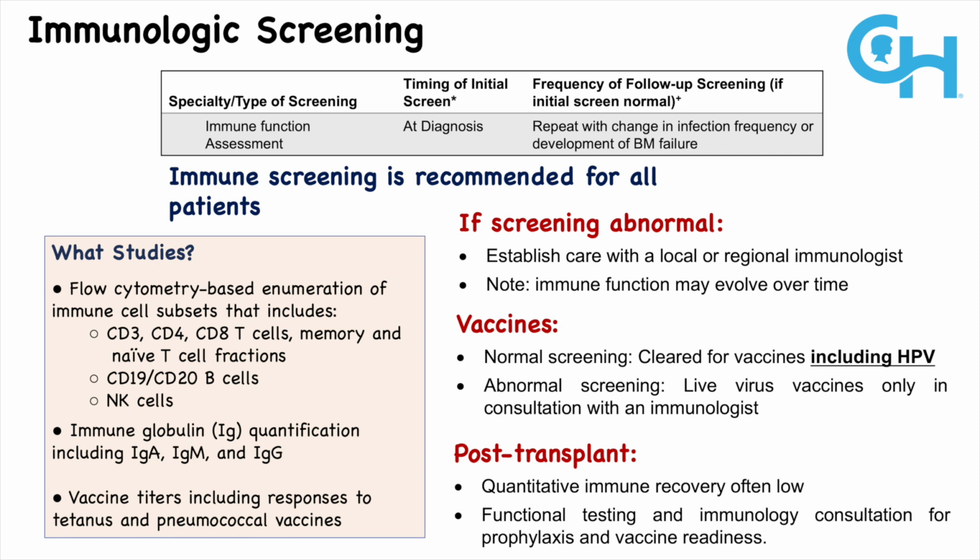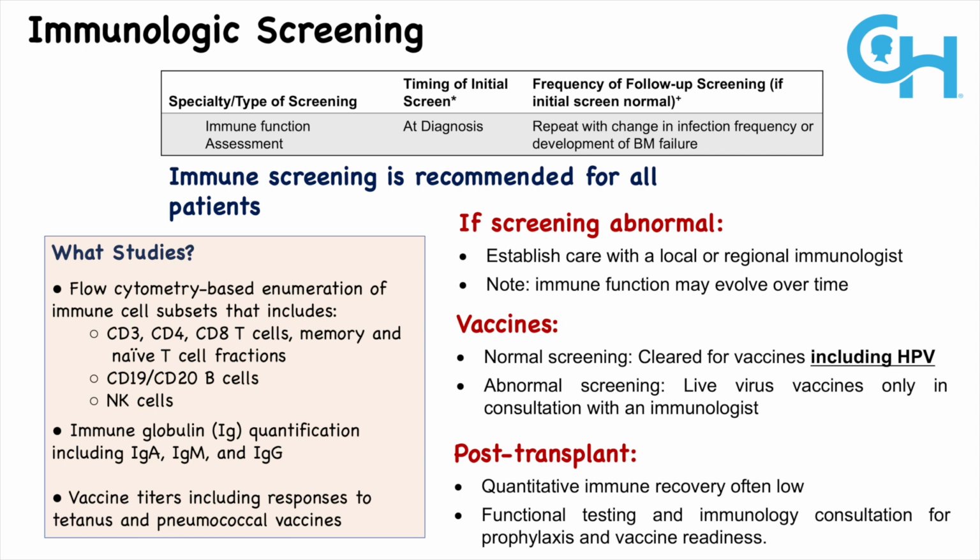We like to examine all of the subsets of the immune cells to see what's represented, so the different fractions of T cells, B cells, and NK cells. And then we like a few functional tests as well: how much antibody is being produced and how much antibody can be generated specifically to the vaccines that a patient has received. That tells us how well the immune system is functioning.